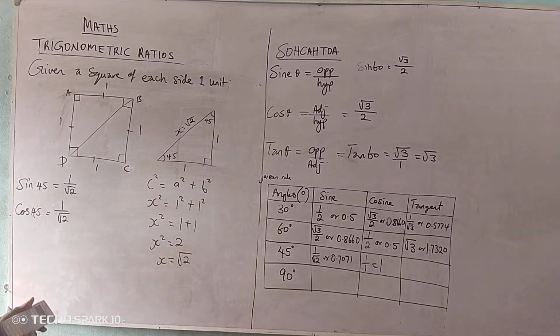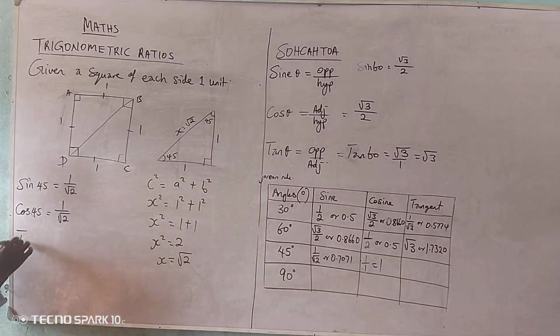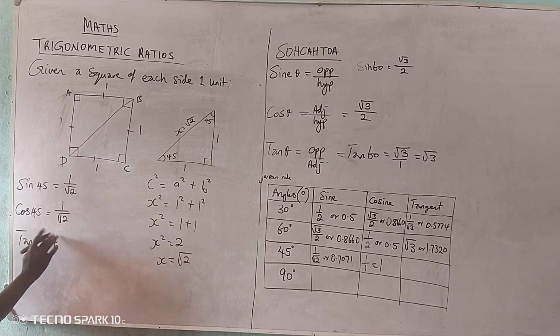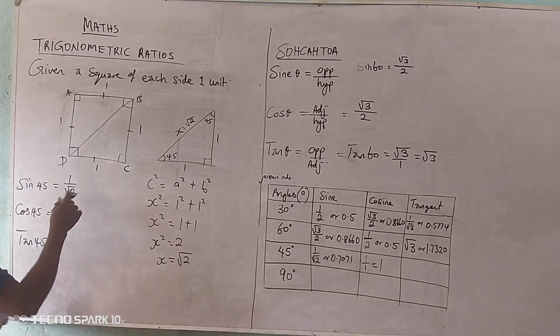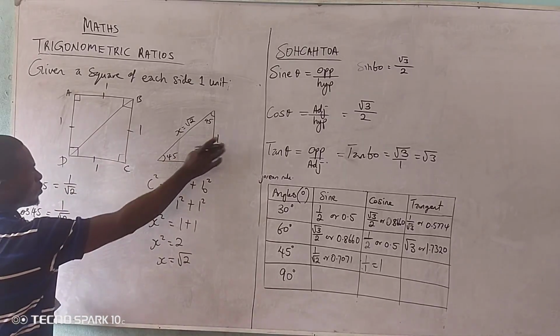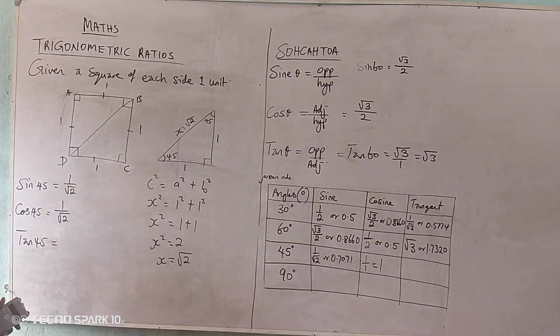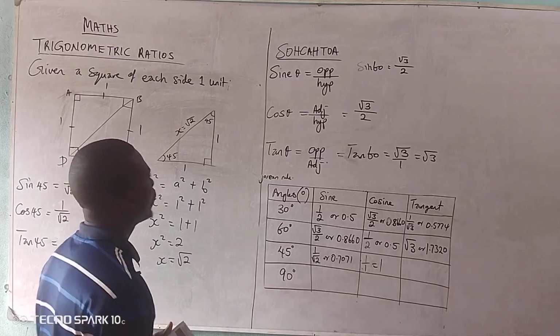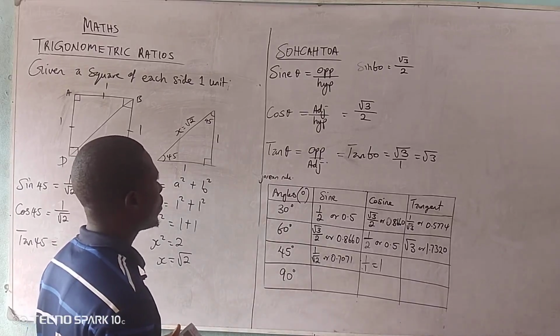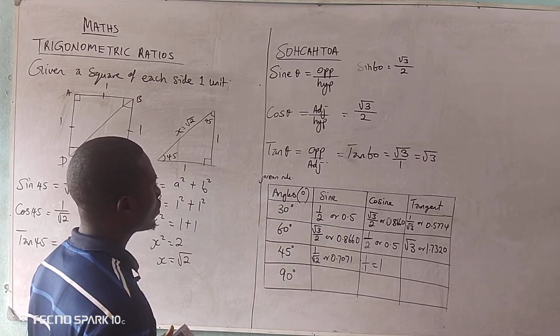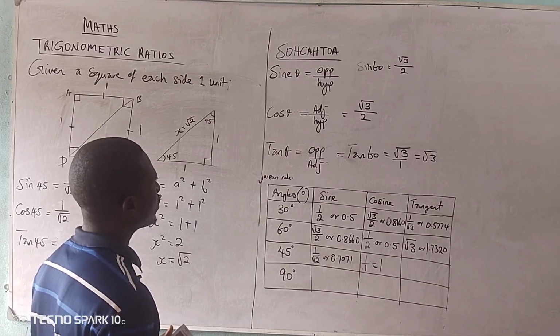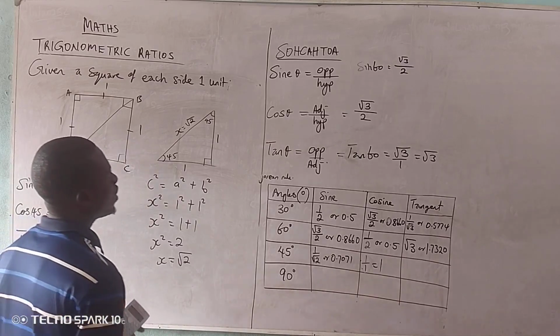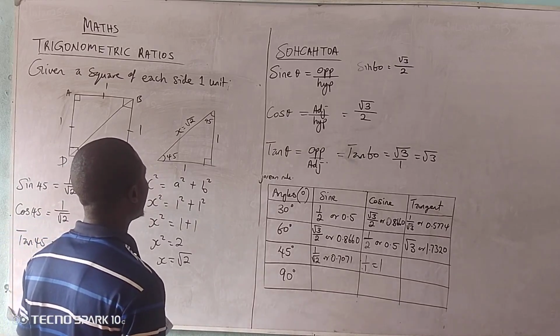Then let's check tangent 45. Tan 45 is equal to, tan theta is equal to opposite over adjacent. This is opposite, this is opposite, and this is also adjacent. Sorry, cos 45 is adjacent over hypotenuse, and sine 45 is opposite over hypotenuse.